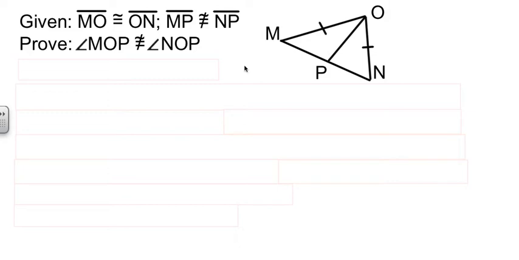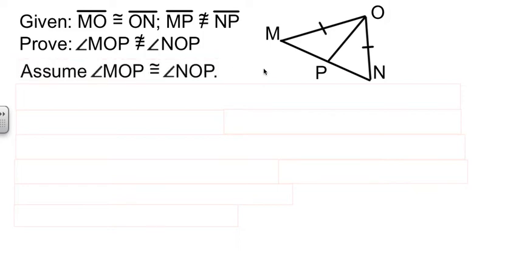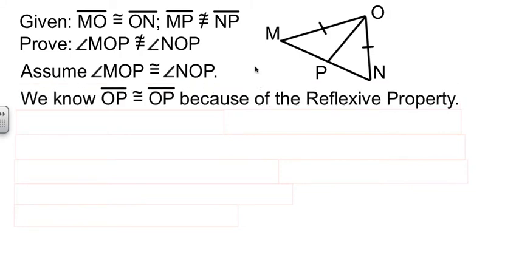If I'm trying to prove that something is not congruent, I need to assume the opposite. What's the opposite of being not congruent? Being congruent. So I'm going to assume those two angles are in fact congruent. Okay. Well, since they're congruent, that's got me thinking about congruent triangles. And I see my reflexive line, OP is congruent to OP, because of reflexive.